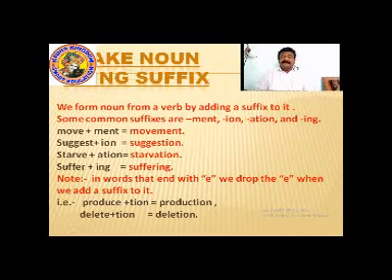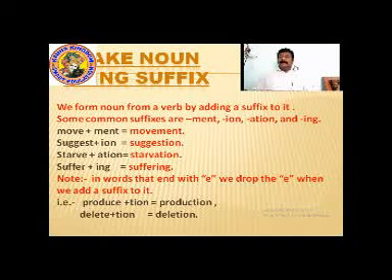Suffixes are the group of letters added at the end of the word to form noun, adjectives or adverb. Now we will see how we form noun from a verb. Some common suffixes we have seen are ment, ion, ation, and ing.